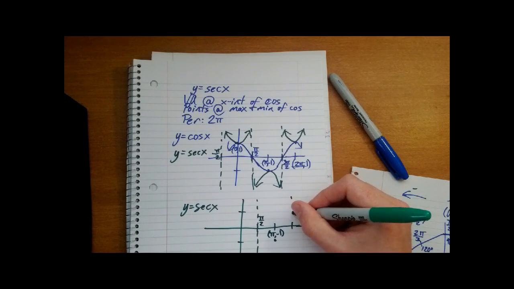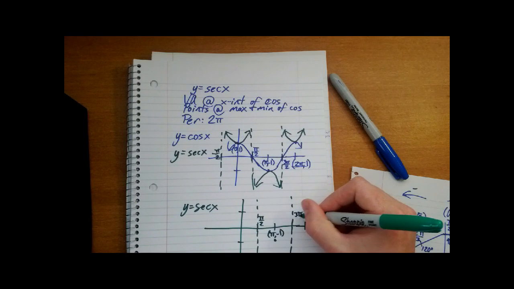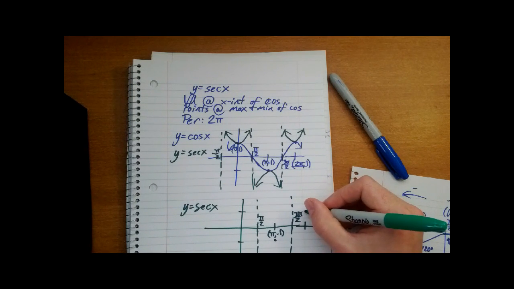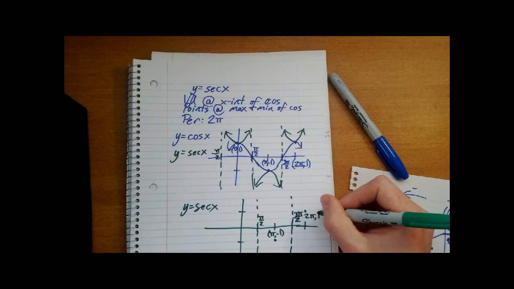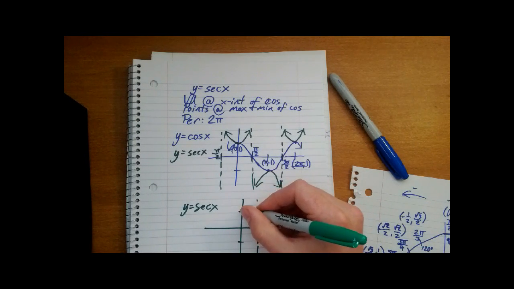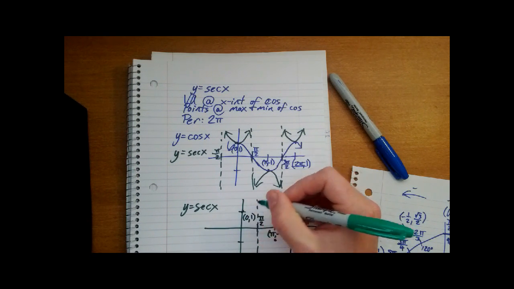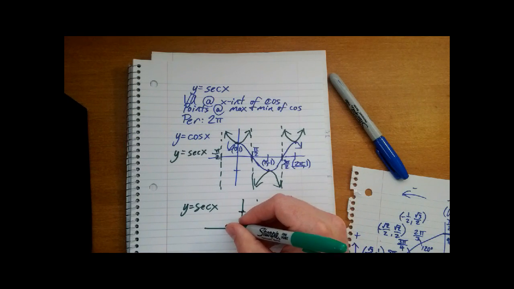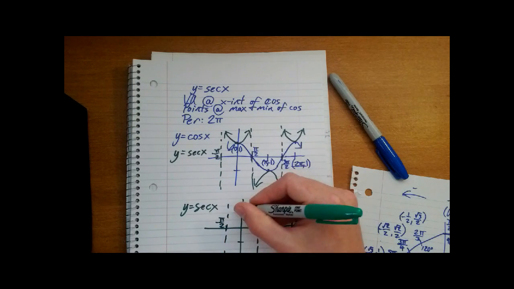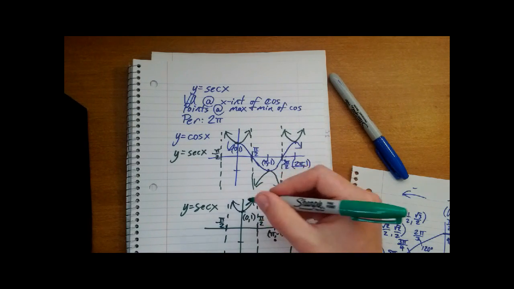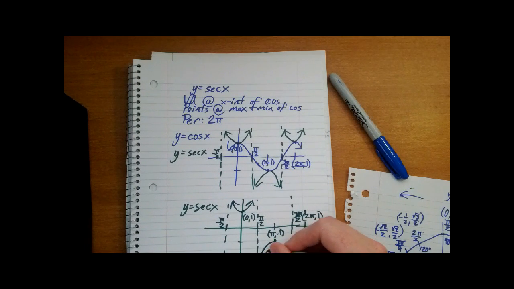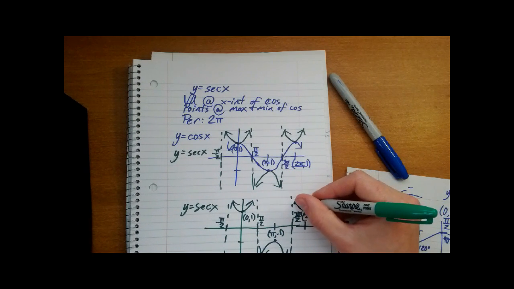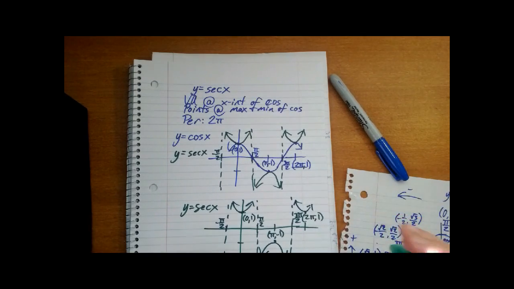We have another vertical asymptote at 3 pi over 2, and another point at 2 pi, 1. And it's 0, 1, and negative pi over 2. And then we draw our little parabolas in. Easy peasy. All right, there you go.